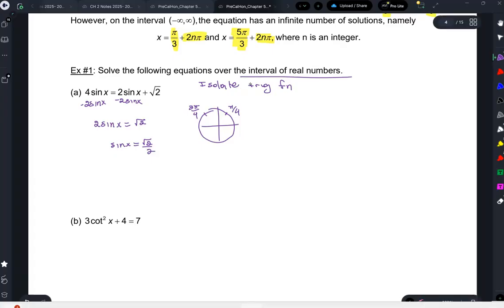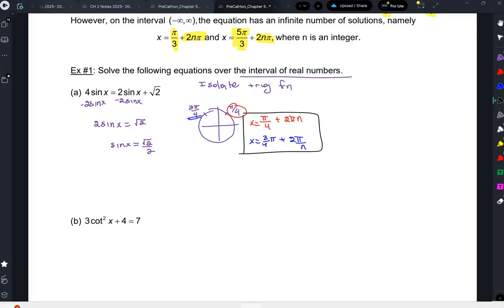However, I want this over the interval of all real numbers. So I take the first one and I say pi over 4 plus 2 pi n, and then I take the second one and I say 3 pi over 4 plus 2 pi n. And these are my x values. So that would be your solution.